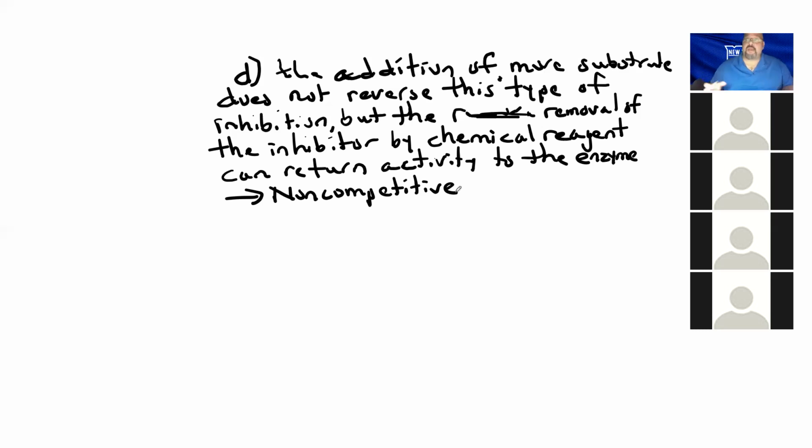But it's not permanent because you can get the inhibitor to come off. And when the inhibitor comes off, the shape of the enzyme is going to return to what it should be. And therefore, you have restoration of the shape of the active site. So you return activity to the enzyme. Non-competitive inhibition.